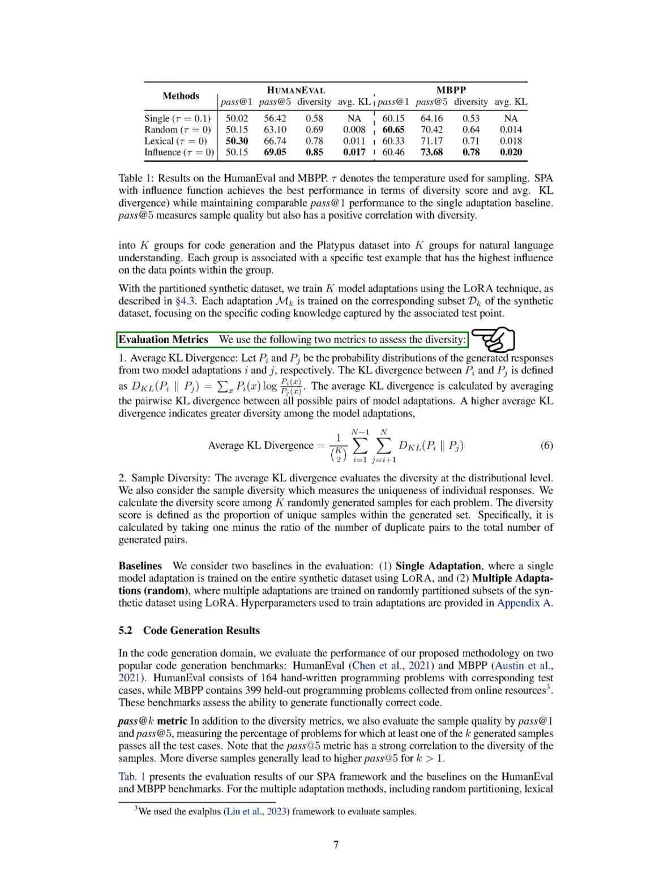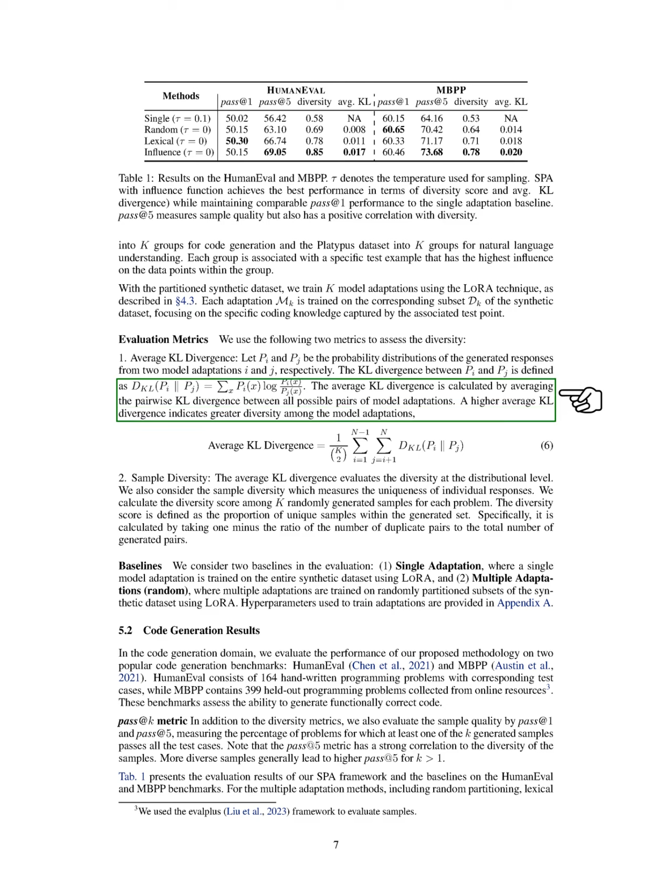To evaluate the diversity of our adaptations, we use two metrics. First, we calculate the average KL divergence, which measures how different the probability distributions of responses from two model adaptations are. A higher average KL divergence indicates greater diversity among the adaptations.